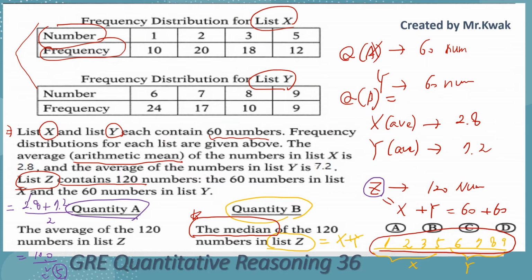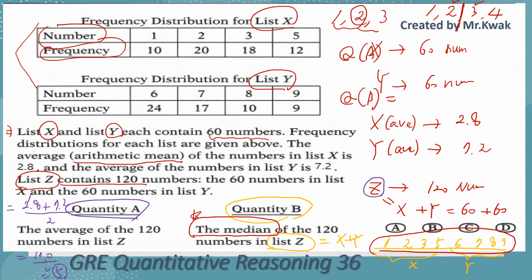So before solving quantity B, for example, if there are numbers such as 1, 2, 3, what is the median? The median is 2. Then what about this one? 1, 2, 3, 4. There are 4 numbers. In that case, what is the median? Is it 2 or is it 3? Neither of them is correct because 2 or 3 is not positioned in the middle of the numbers.